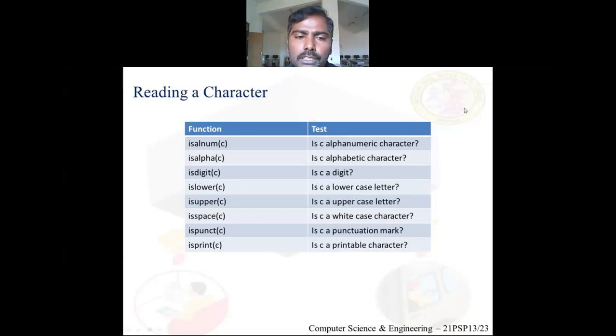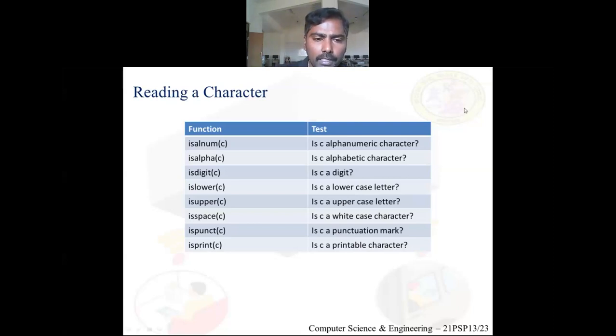The name of the function itself implies what it does. Now isfunction islower: I want to check whether the character stored in the memory location identified by c is a lowercase one, so I can go for the islower function. Similarly, if I want to check whether it's an uppercase one, I can go for the isupper function.